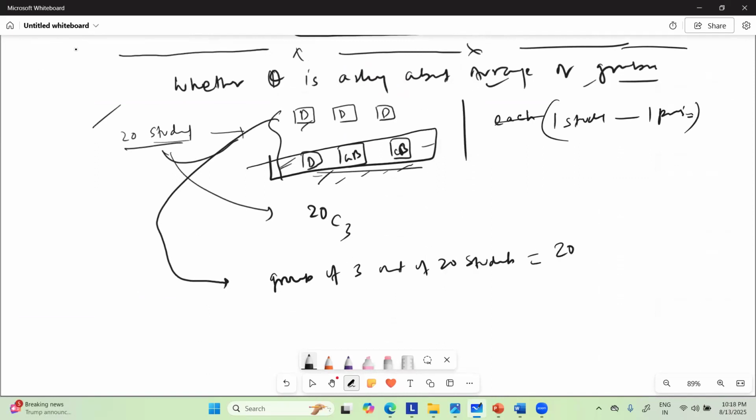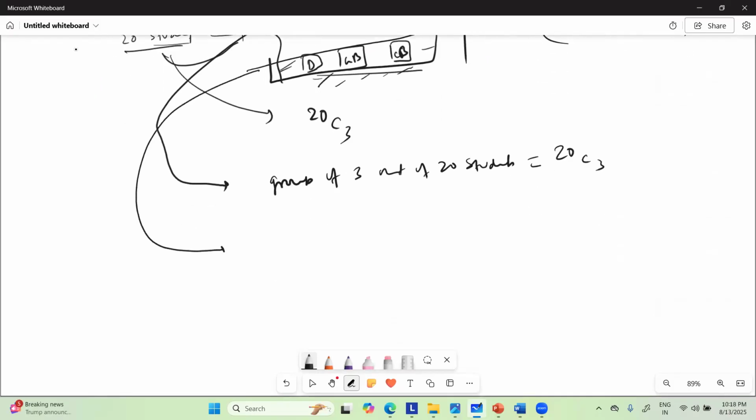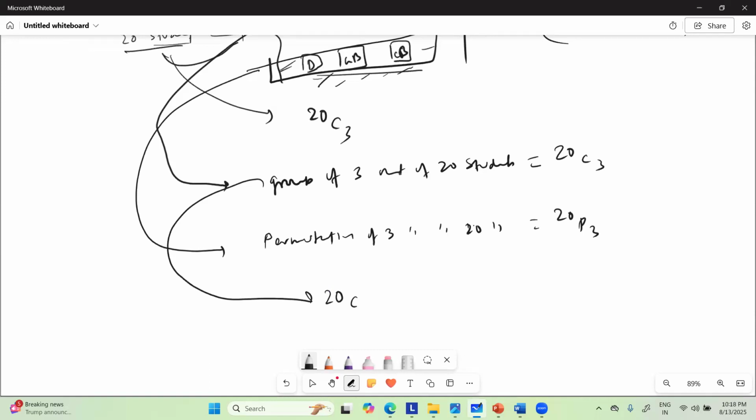So we may write it as 20C3, and अगर हम इसको देखें तो it's a permutation of 3, because I am not just making a group out of 20 students, so it is 20P3. Another approach would have been the group which I have already made, which is 20C3, we can shuffle among themselves in only 3 factorial ways. So this will also give me the same value.